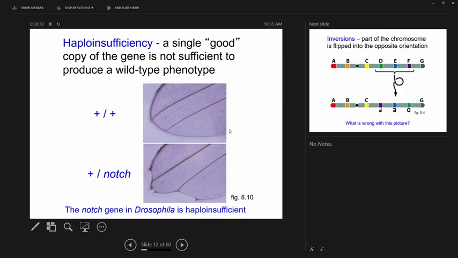So if you have a four-square Punnett square, one would be plus over plus, two squares would be plus over Notch, that's three, and then the fourth square would be Notch over Notch and it would be dead. So you would have two out of three and one out of three here instead. And so this haploinsufficiency is a case where just having one wild type dose of a certain gene product is not enough to get you to the wild type phenotype.